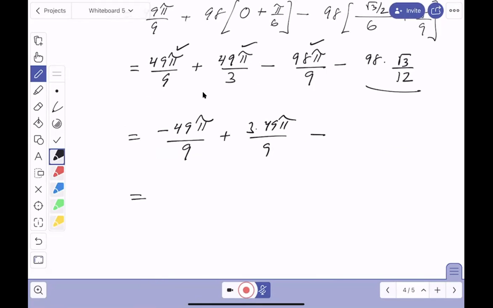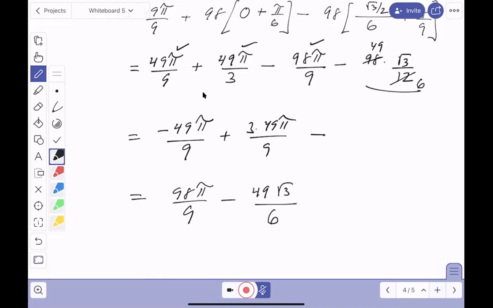And this guy would give me, let's see, 2 of those, which would be 98 pi over 9 minus, let's just reduce this. This would be what? This would go in, let's see, 2 times would be 6, right? And that would be 49. So minus 49 root 3 over 6.